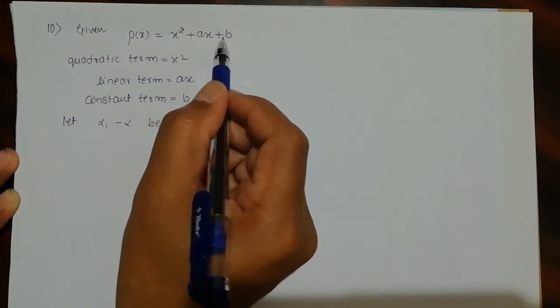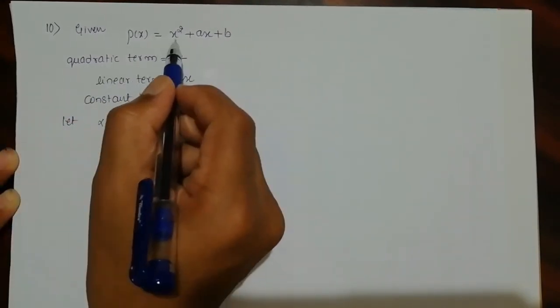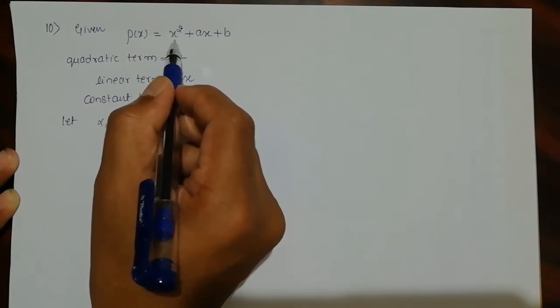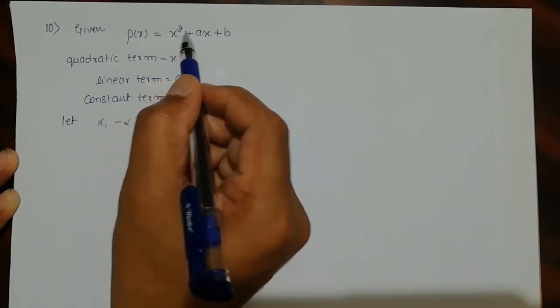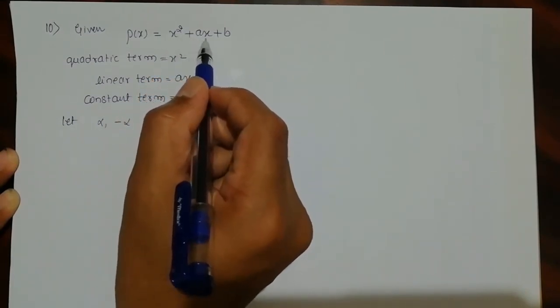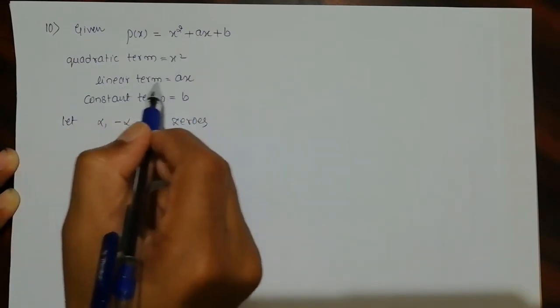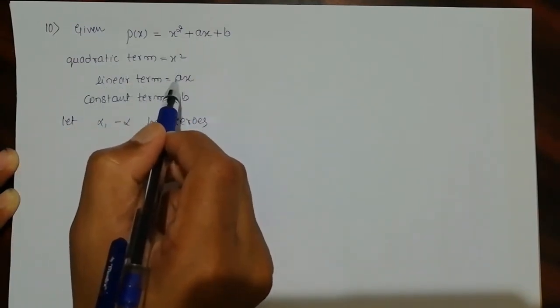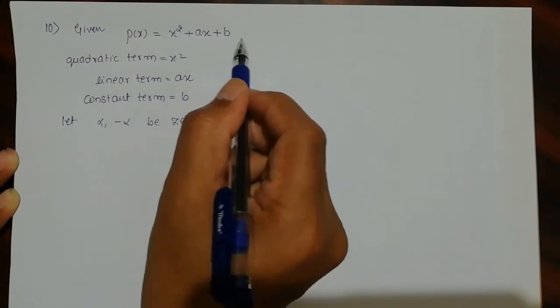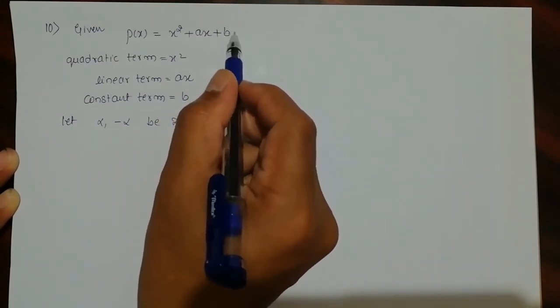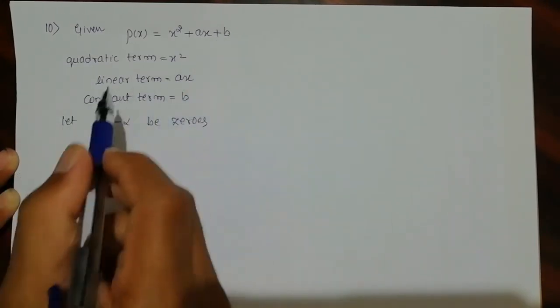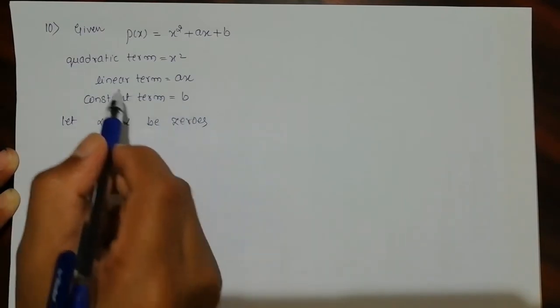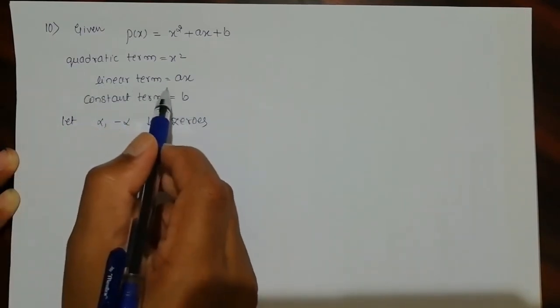The term where the exponent 2 is present is called the quadratic term. Where the exponent of x is 1, it is called the linear term. The last term, where x power 0 is present, is called the constant term.